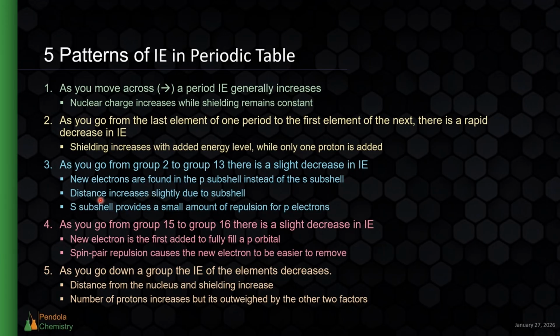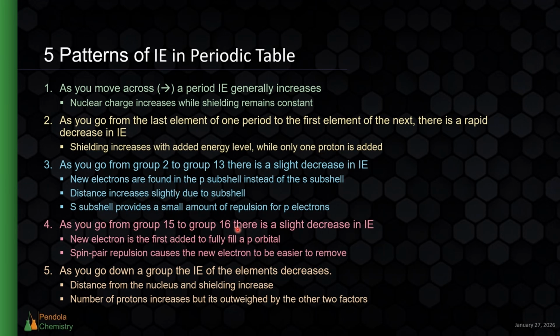That's going to cause a very slight increase in distance because the p subshell is slightly bigger, and that's going to provide a small amount of repulsion for the p electrons, causing that slight decrease in ionization energy. Now, like I said, we have discussed this before, and you can always go back to the chapter 2 videos to look at the more specific explanations of these patterns.